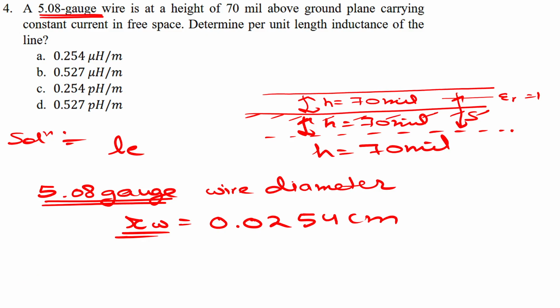So this is done using the image theory. Whatever wire is in front of the ground plane, the same wire exists on the opposite side of the ground plane, and that second wire acts as the actual second wire, just to solve the problem. So this is one assumption that we are taking using the image theory.